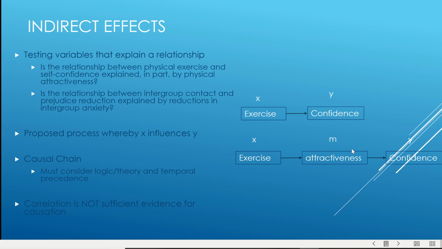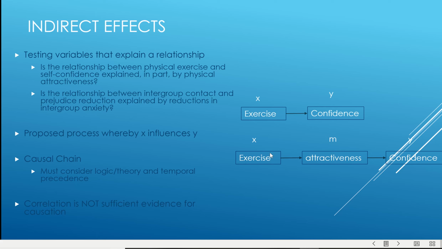So we have to keep in mind, though, that you should have a sound logical or theoretical basis for making the assertion of the causal claim, or rather, of the temporal precedence of the variables. So what I mean by temporal precedence is that you should have some reason to claim that the changes in the x variable lead to the changes in the m variable, which in turn lead to the changes in the y variable.